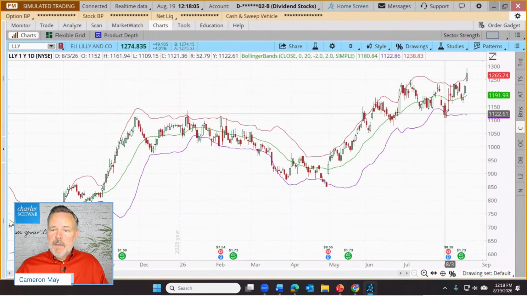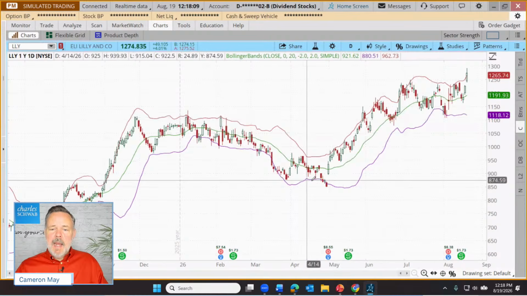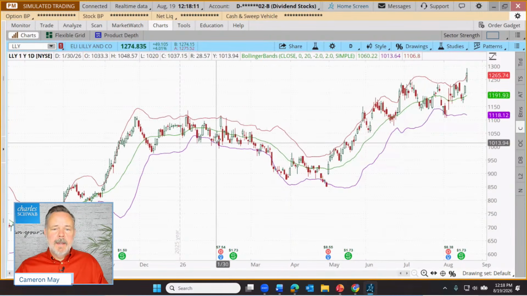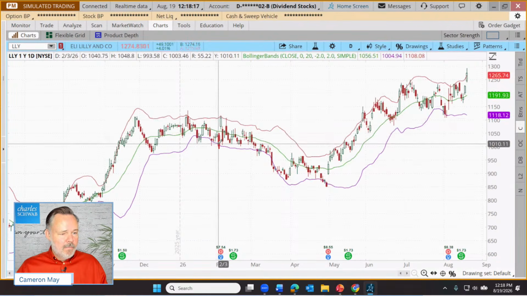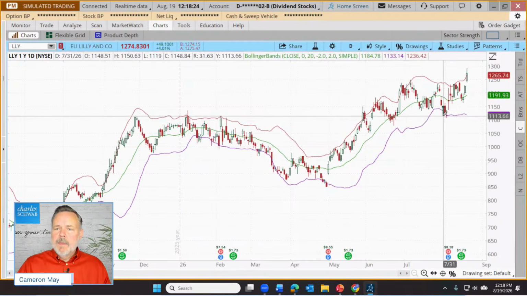So where would we draw this lower line to make sure that basically 95% of all trading is happening between the upper band and the lower band? That's a simplification of a standard deviation, but there we go.